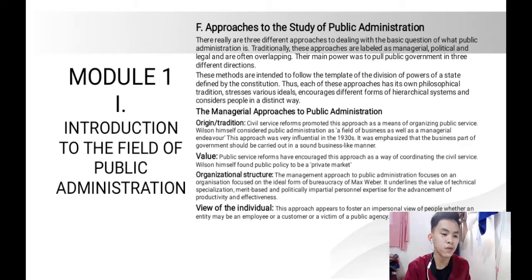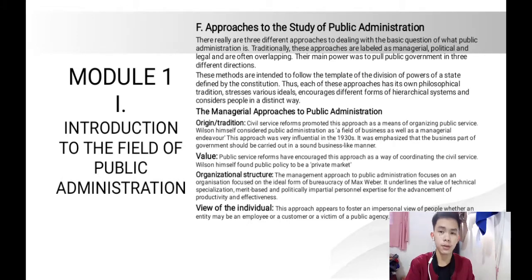And lastly, we have the view of the individual in the managerial approach. This approach appears to foster an impersonal view of people, whether an entity may be an employee, a customer, or a victim of a public agency.